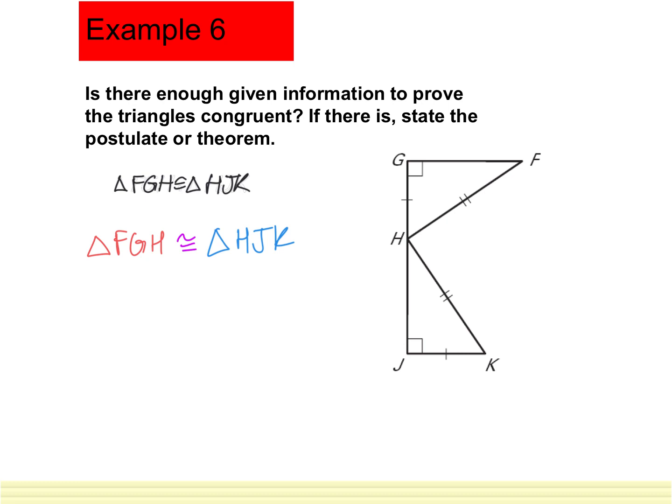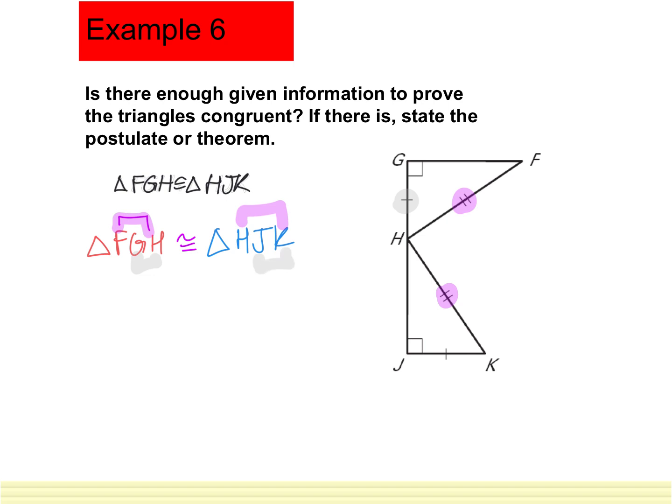And looking at the marks they're giving me, F and H. Okay, so that's 1. F and H is congruent to what? Not HJ. K and H. Okay, so that's information that's given. Those sides are congruent. And another side that's given to me is going to be GH and JK.